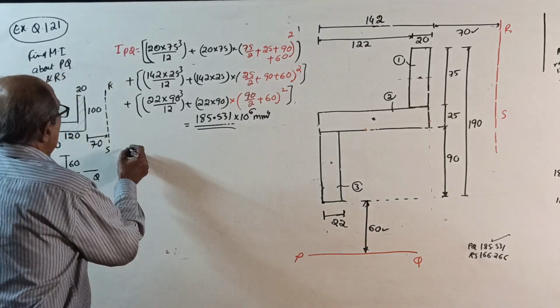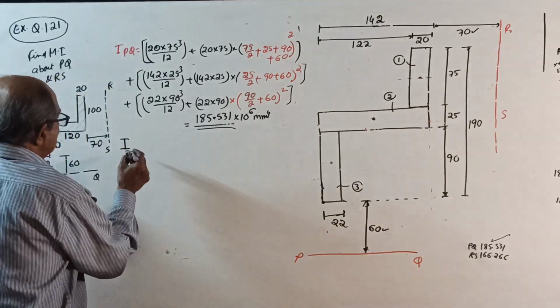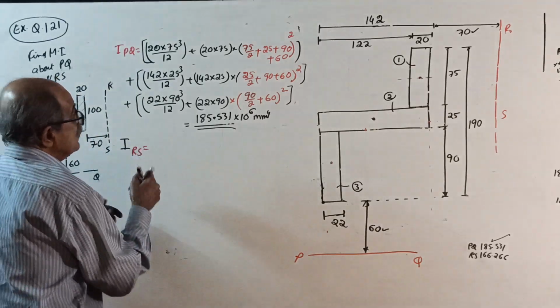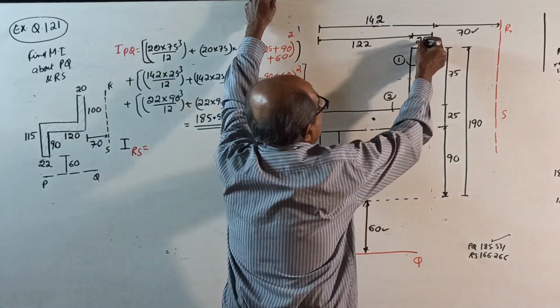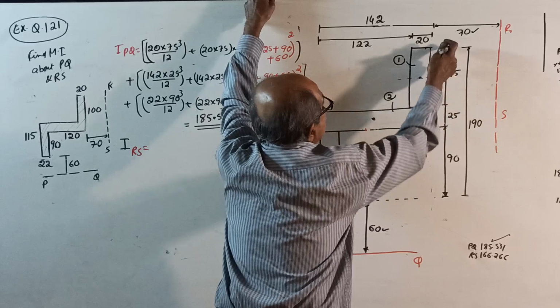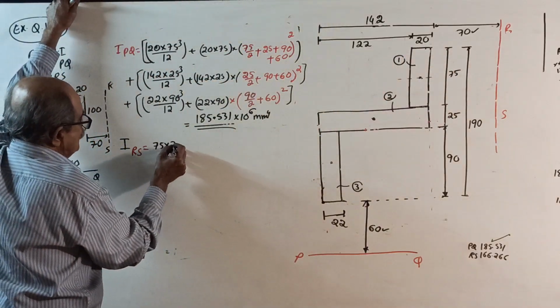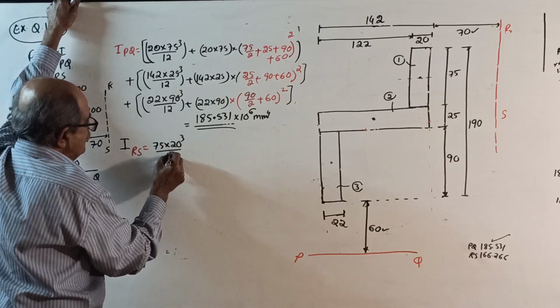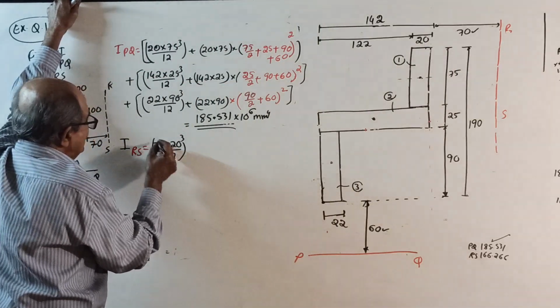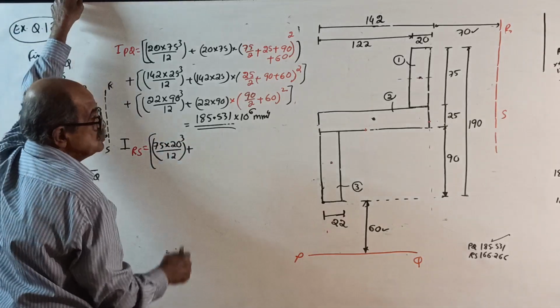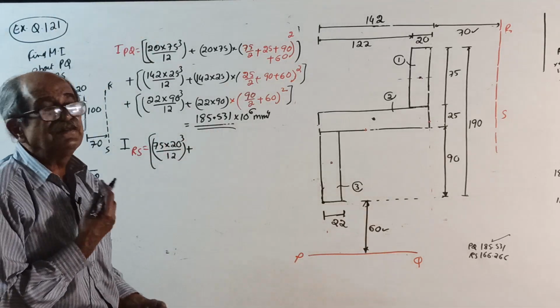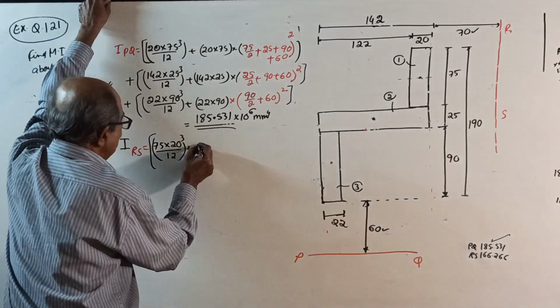Okay, now I about RS. Start. I about its own axis: 75 into 20 cube by 12. This is suddenly from an exercise question, and suddenly I started explaining more. I should stop this explanation, because it is an exercise question. Still, okay, you get benefit.